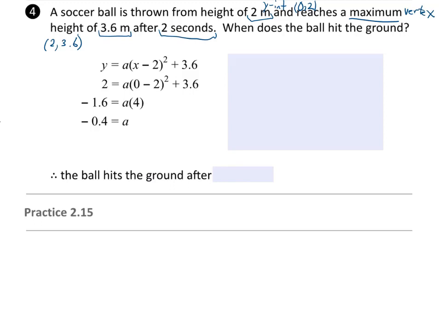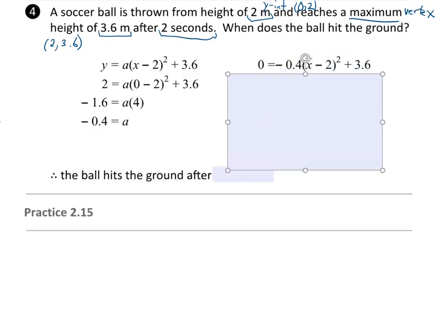So we set up our vertex form first, and we set it equal to 0 instead of to y, because we want to find the zeros, or the x-intercepts. So that means that this has to be 0 here for our y value. Okay, so we're going to work through this like we did before. We're going to move the 3.6 over.